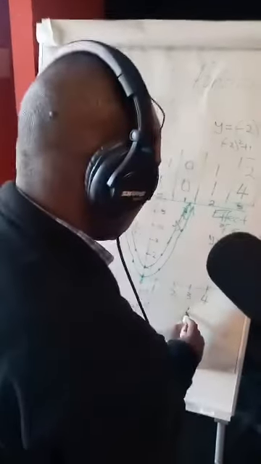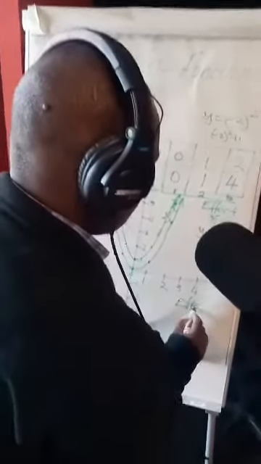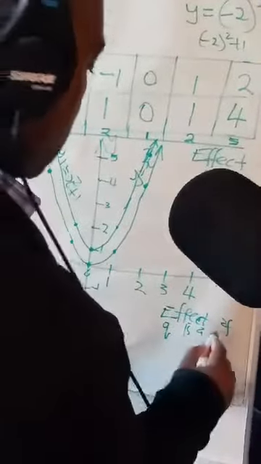We can conclude that the effect of q is a vertical shift. So if you remember, when you say vertical shift, you can either shift it upwards or downwards.